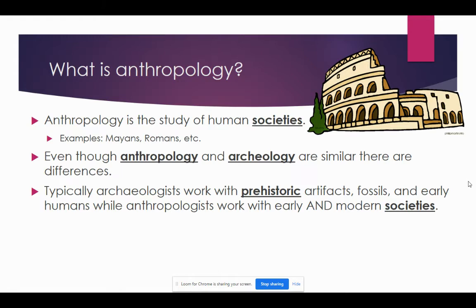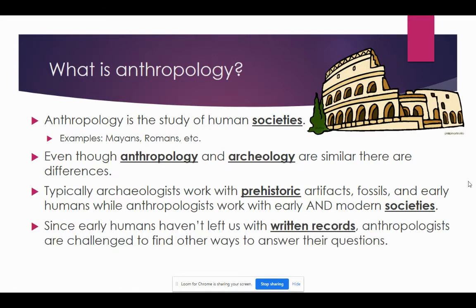So archaeologists focus mostly on the prehistory, the Paleolithic and Neolithic eras. Anthropologists work with early societies, so they can look at Paleolithic and Neolithic societies, but they can also look at societies closer to our time, Mayans, Romans, and even modern society, our current society.